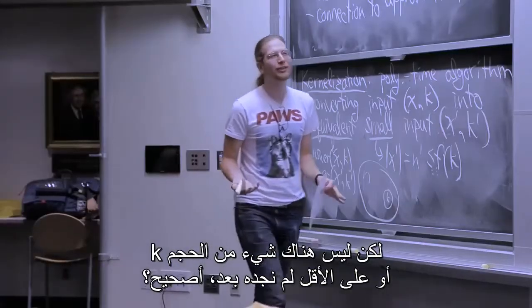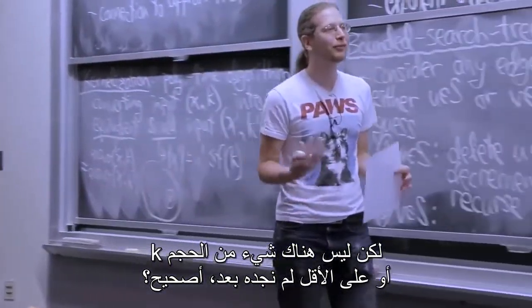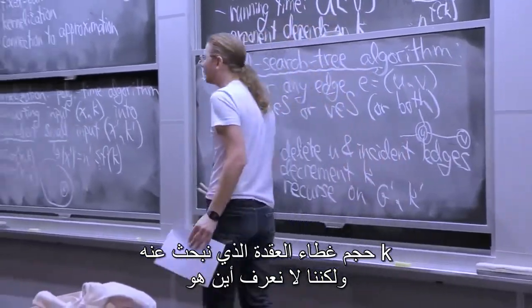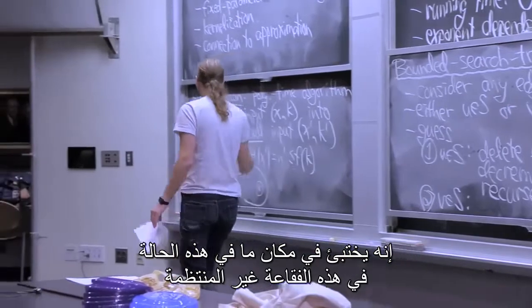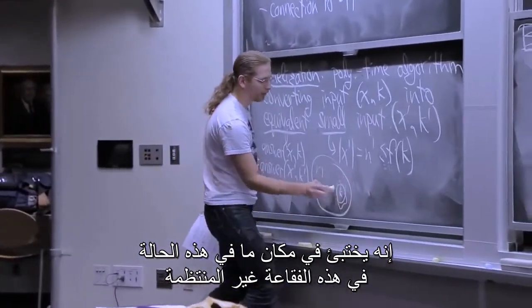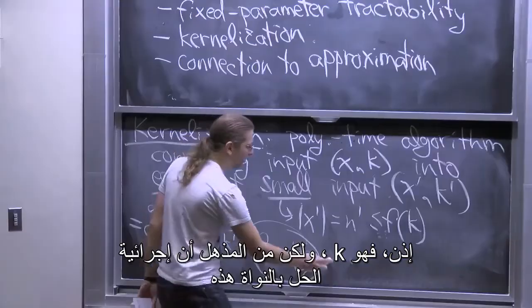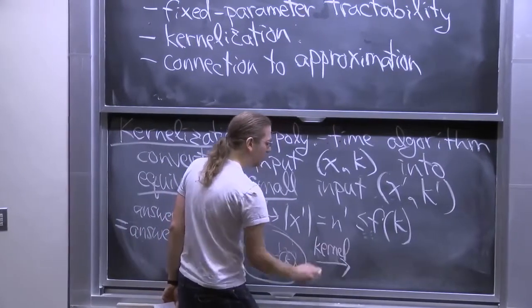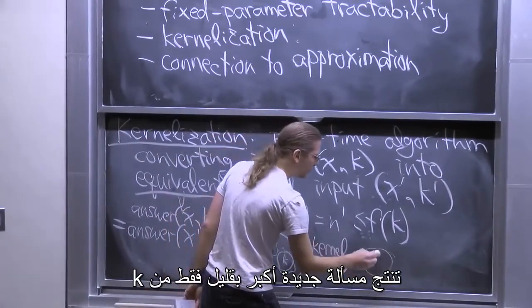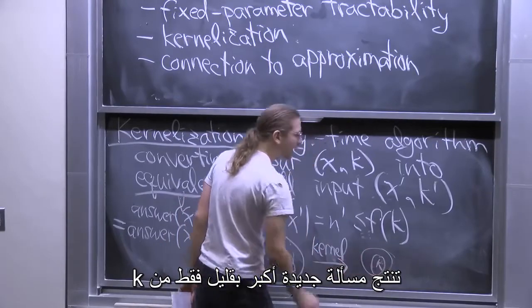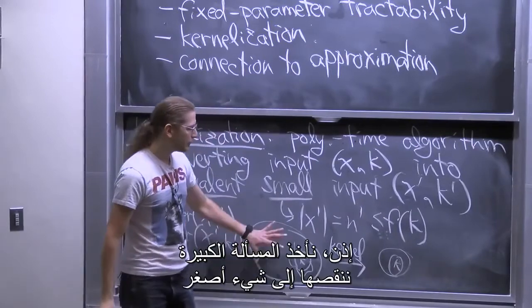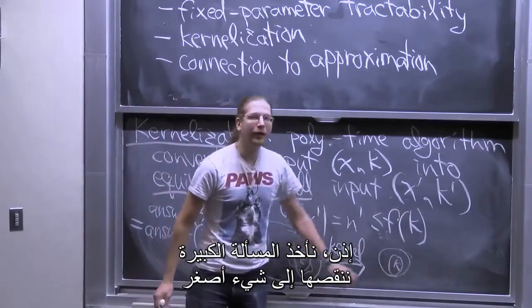But there's no thing of size k, or at least we haven't found it yet, right? The k is the size of the vertex cover we're looking for, but we don't know where that is. It's hiding somewhere in this instance. It's this amorphous blob, size k. But somehow, magically, this kernelization procedure produces a new problem that's only a little bit bigger than k. Okay, some function of k. So we take the big problem, we make it down to this small thing.